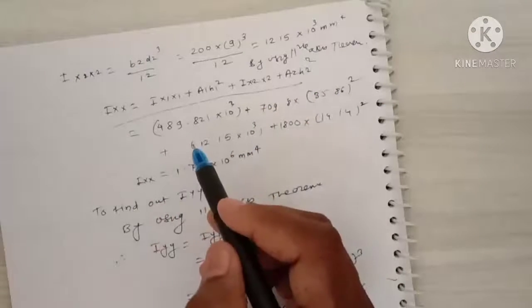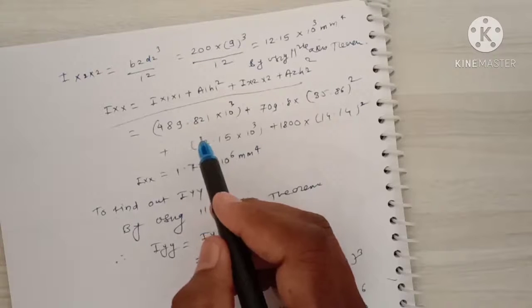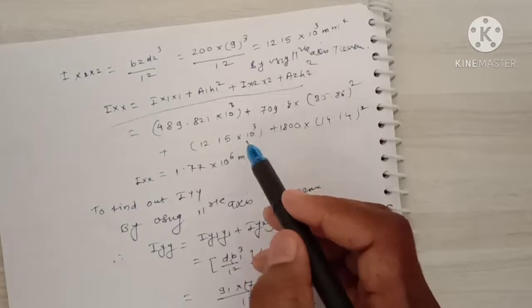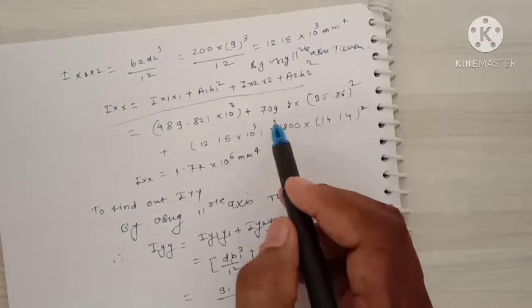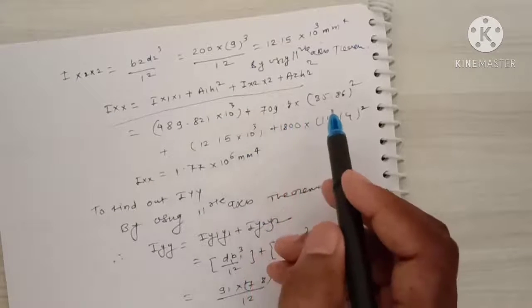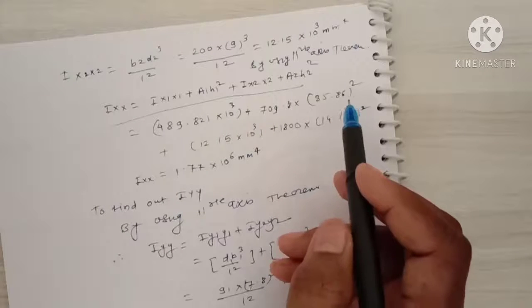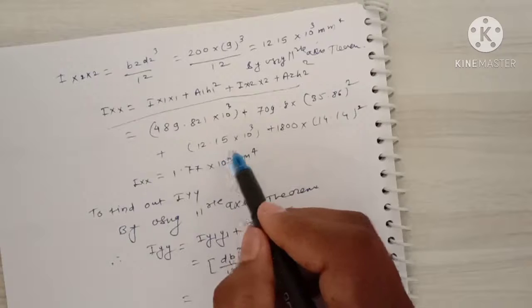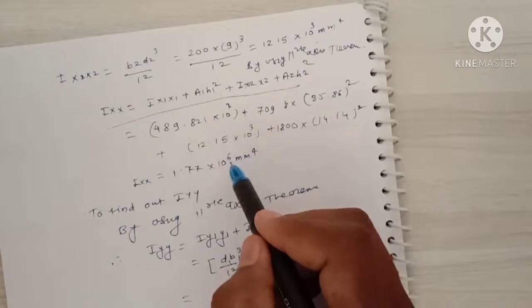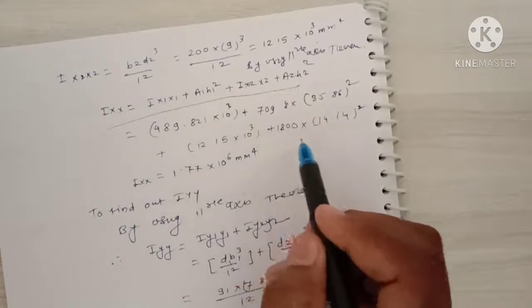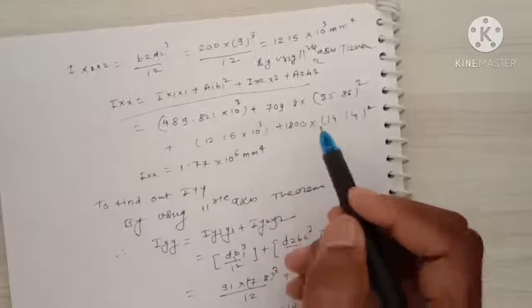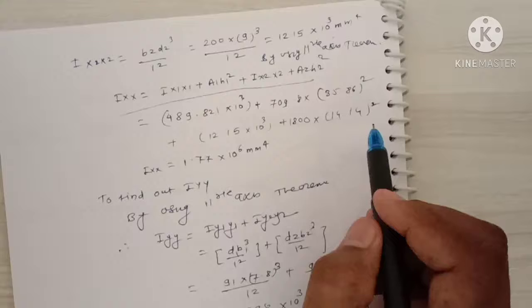We put in the values: 489.821 into 10 raised to 3 plus 709.8 into 35.86 whole bracket square, plus 12.15 into 10 raised to 3 plus 1800 into 14.14 square.